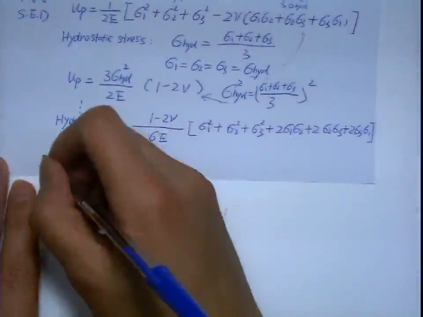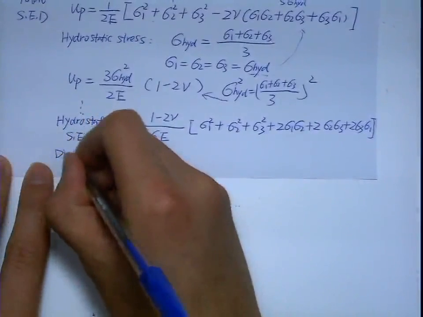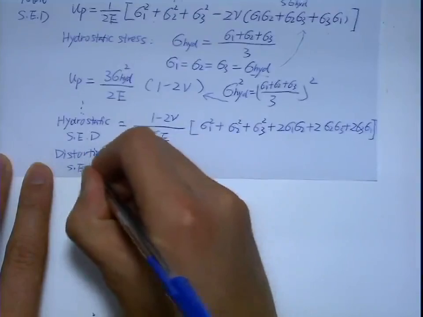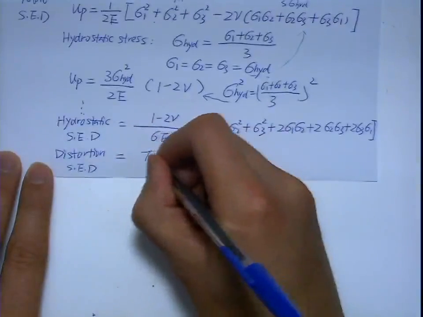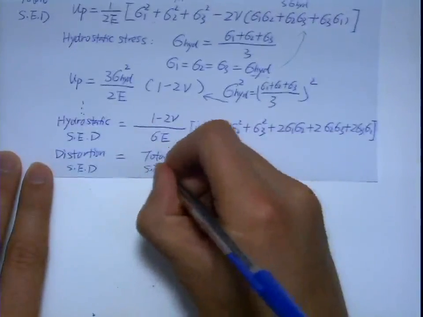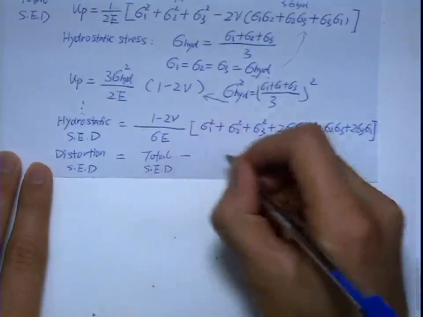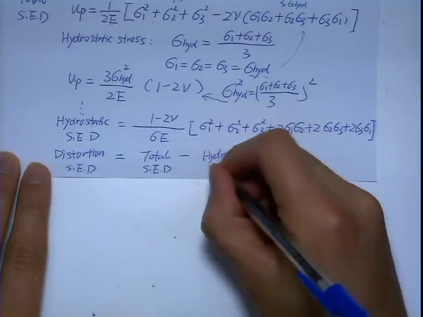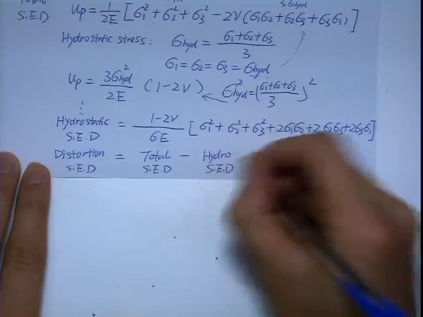So you know distortional strain energy density equal to the total strain energy density minus hydrostatic strain energy density.